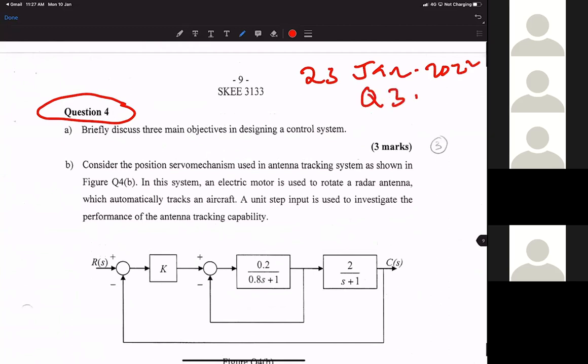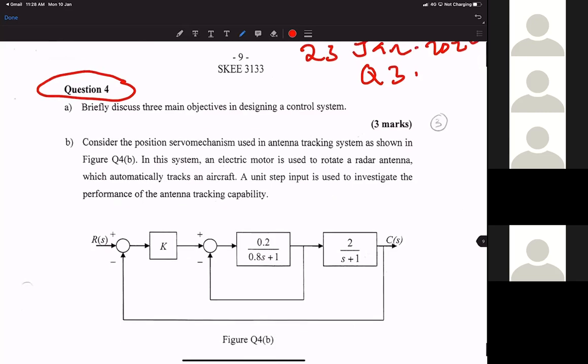Aisha Akram, can you read question number 4 as depicted in your laptop? Question 4A. Briefly discuss 3 main objectives in designing a control system.